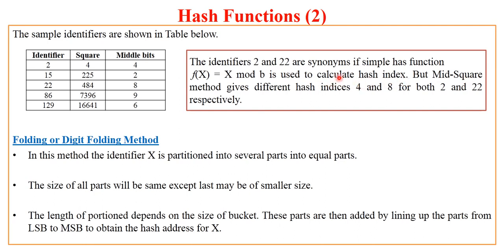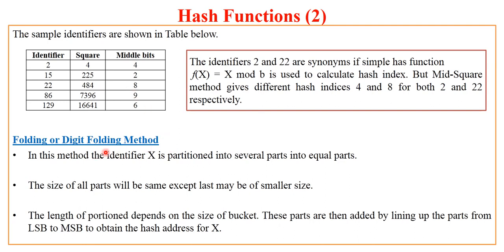This collision can easily be avoided using the mid-square method, as we see that the address of identifier 2 is 4 in the hash table and of 22 is 8 in the hash table.